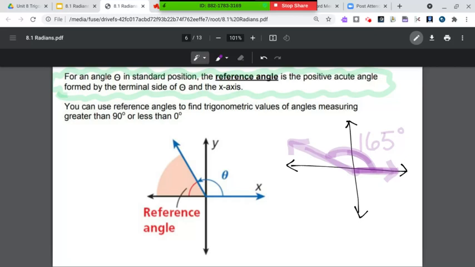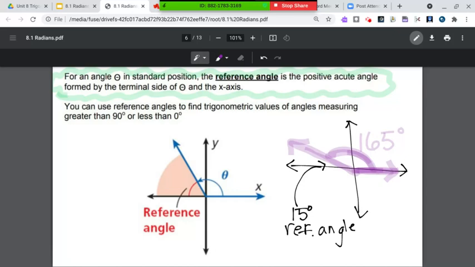Good job, Ben. So the reference angle is 15 degrees. How did Ben get that? Because he knows that the x-axis would form what angle? 180. So basically you say, how far away am I from 180? And that's the reference angle.